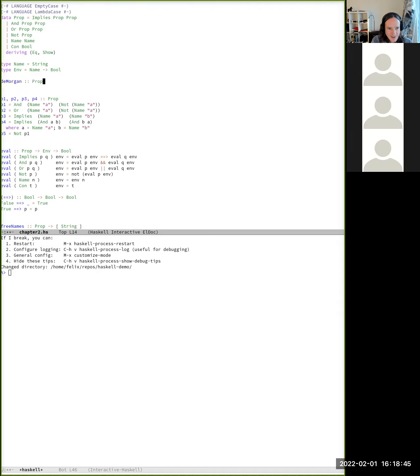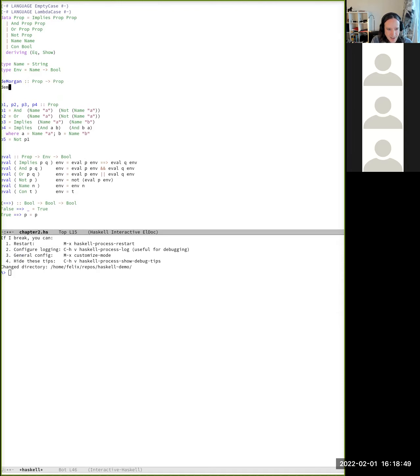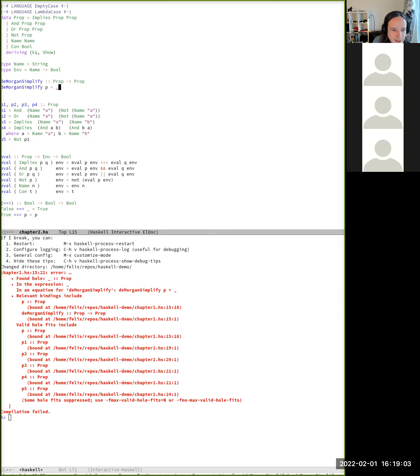So it's a function from prop to prop, and I should better call it deMorgan simplify. It should map a proposition to some other proposition and use deMorgan laws to simplify.